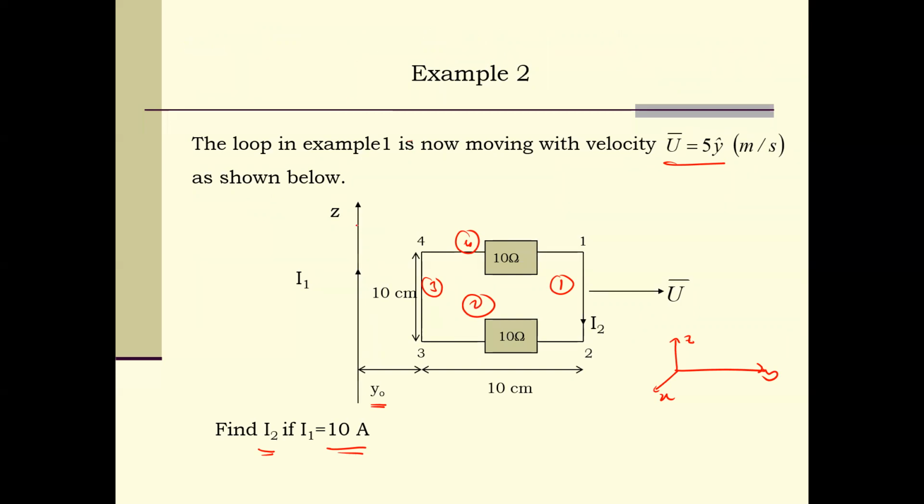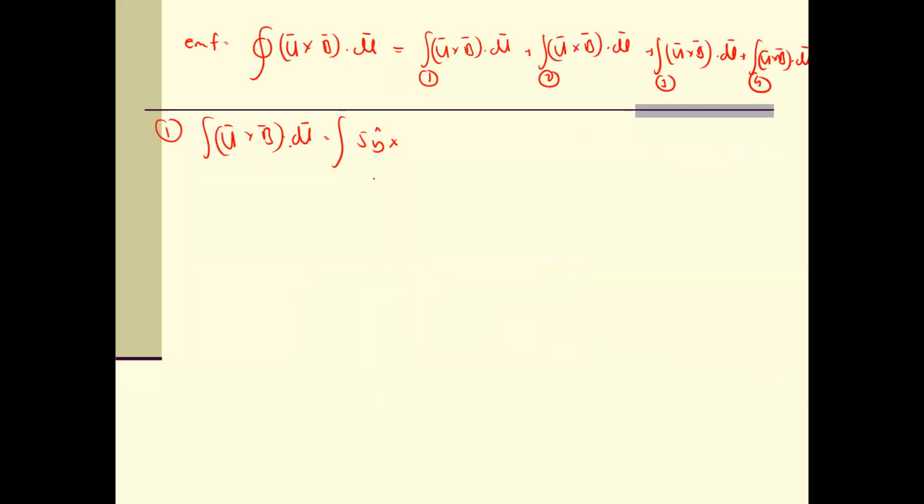I1 is a filament current which is infinite in length, because we're not given any condition on the length of the I1 current, so we assume it has infinite length. So B is mu naught of I1, which is 10 ampere, divided by 2 pi of Y.